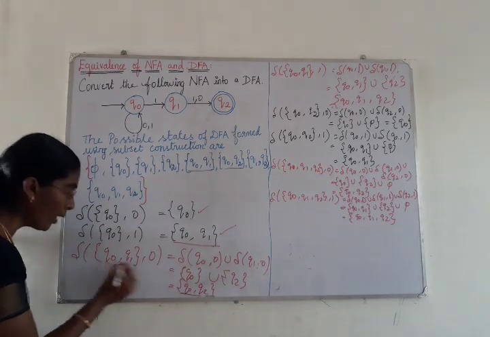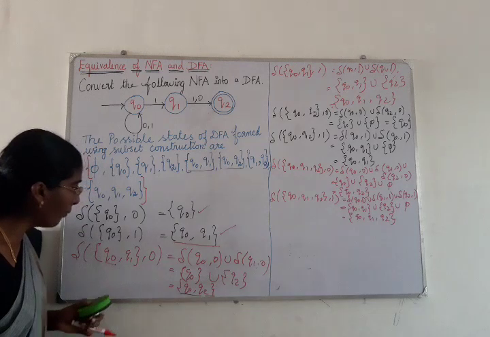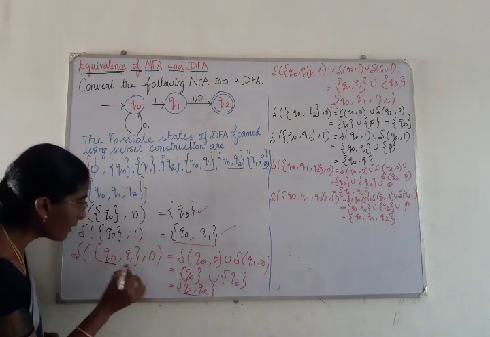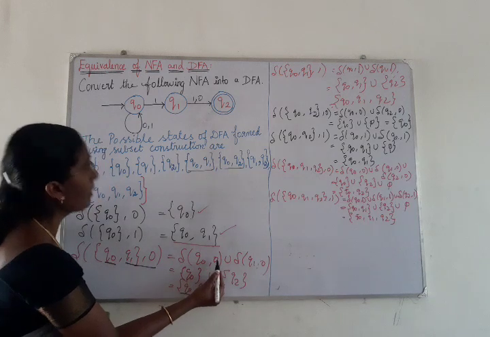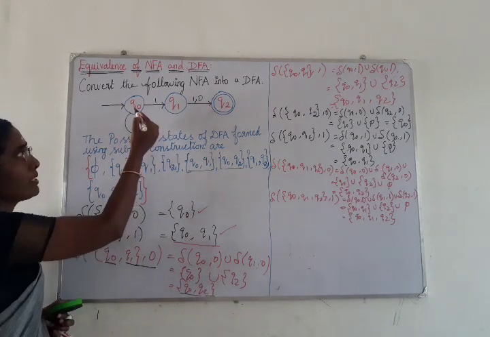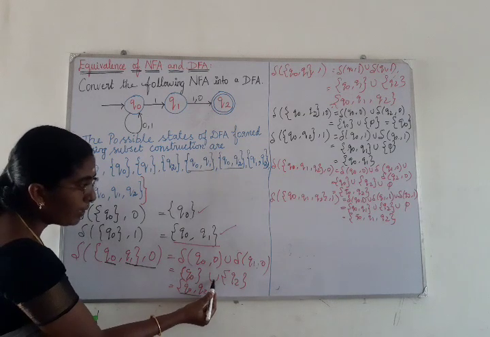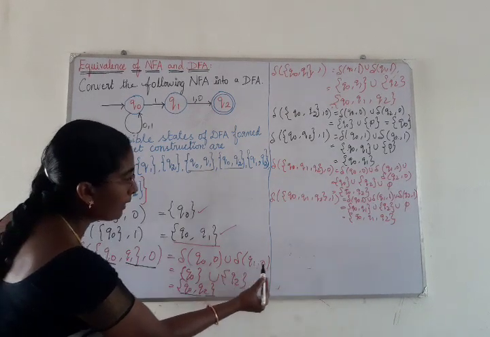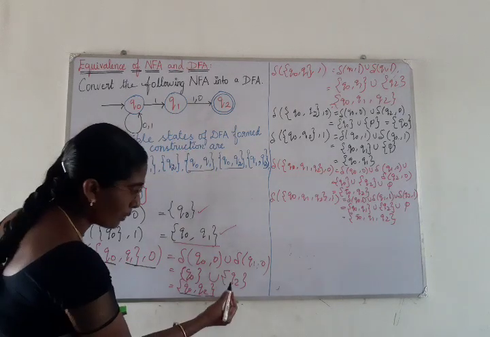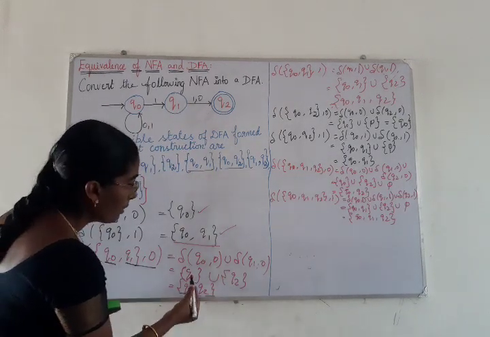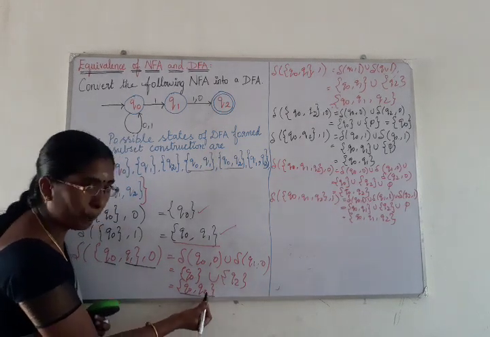Delta of Q0, 0 is again Q0, and delta of Q1, 0 is the state Q2. So Q0 union Q2 is Q0, Q2.